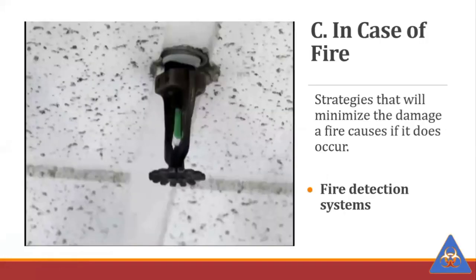In case of fire, strategies that will minimize the damage caused if it does occur. Ito naman pag meron ng apoy. Okay. So next, first is the fire detection systems.